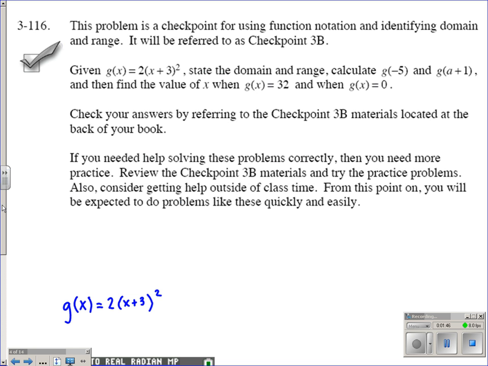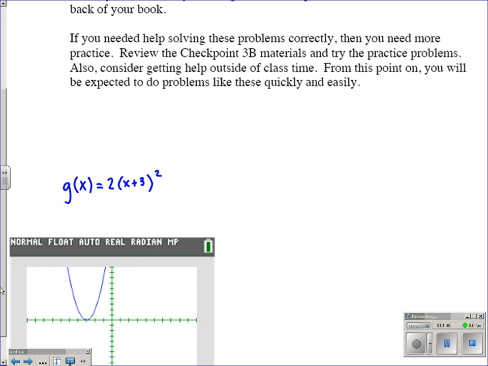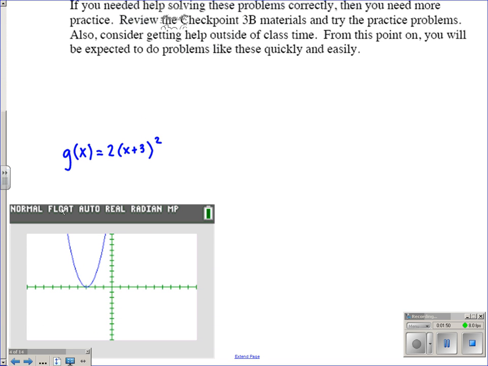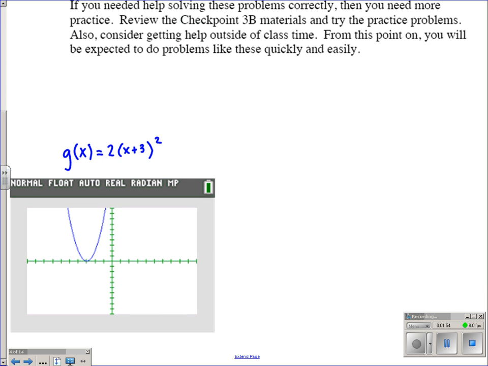So let's move down here. I already took the time to graph this on my calculator, and I would advise that you do that. I pulled my screen over here so we could see it. Now this is quadratic, so we do have a parabola that's going to open up, and it's going to go on and on forever, both ways here. So we can already talk about our domain.